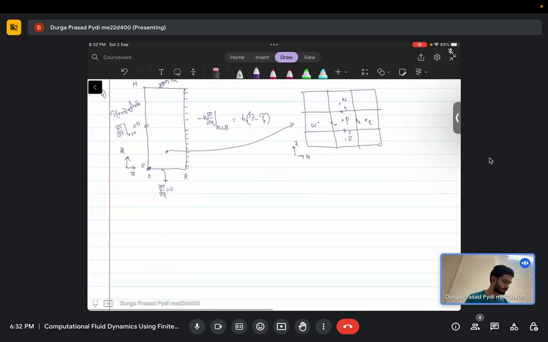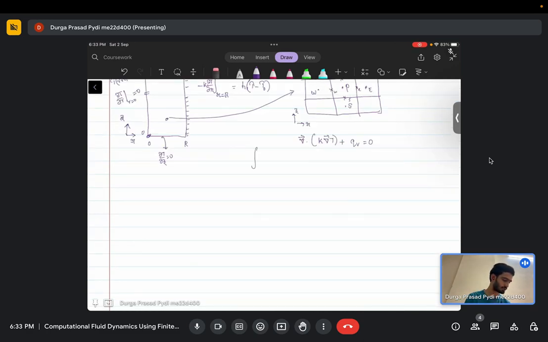This is my R and this is my Z. And my governing equation is 1 by R, or maybe I'll write it simply as del dot k del T plus some source term equal to 0. If you are writing for cell P, how you start is you just start with the Gauss divergence theorem.